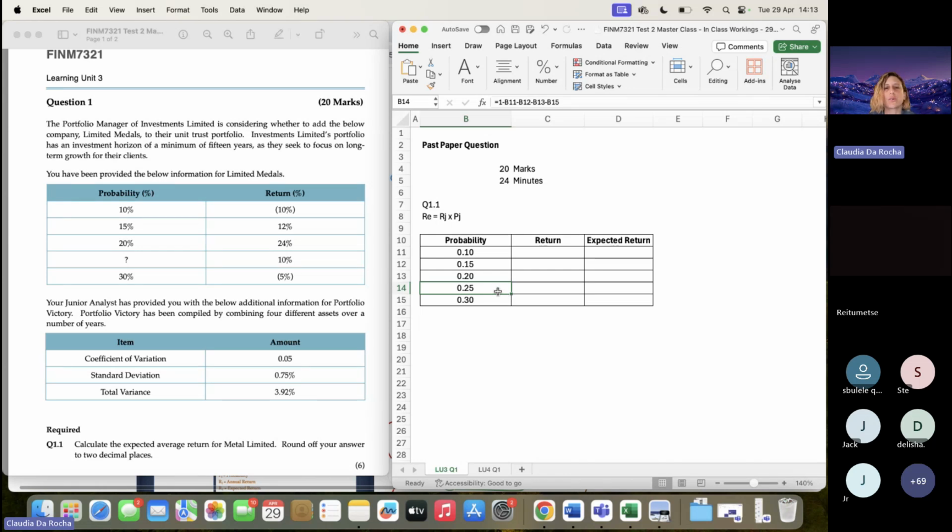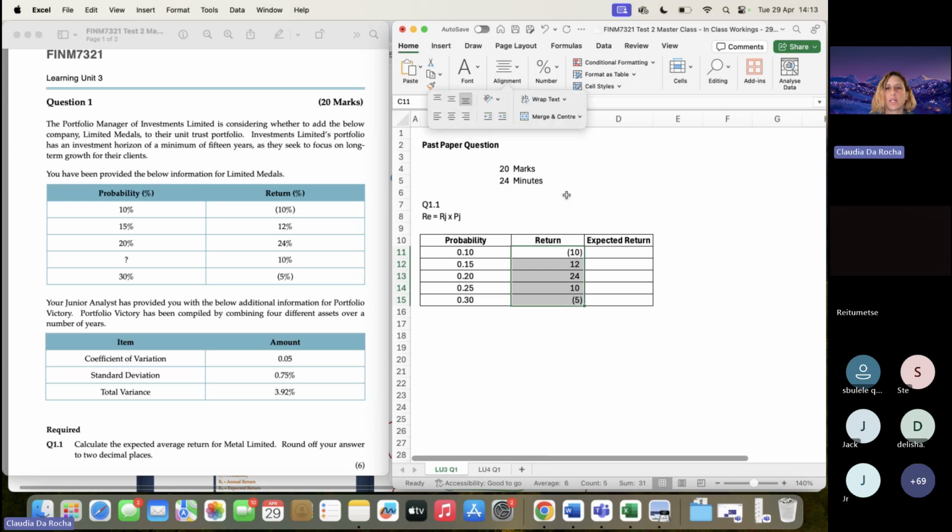So we must always make sure that our probabilities add up to 1 or 100. That's how I calculated the 0.25. And then our returns, I tend to leave them as whole numbers, because then I can calculate.